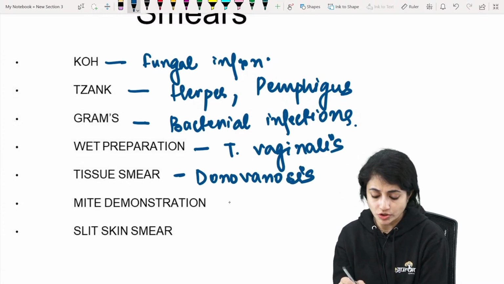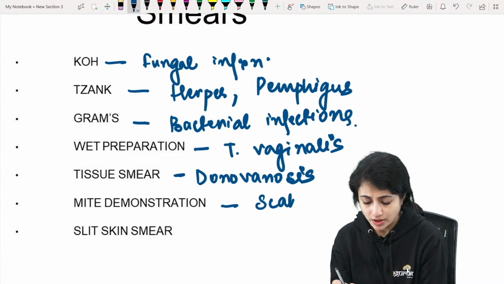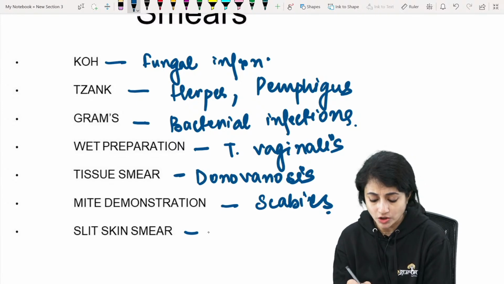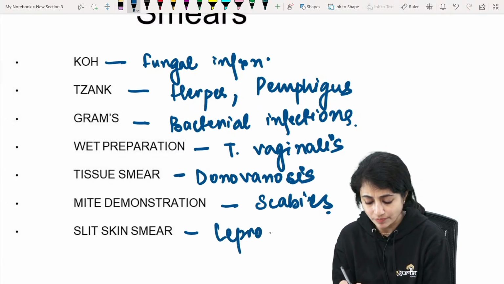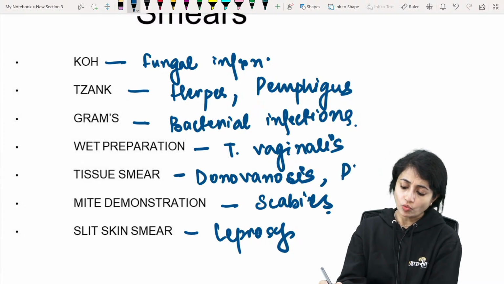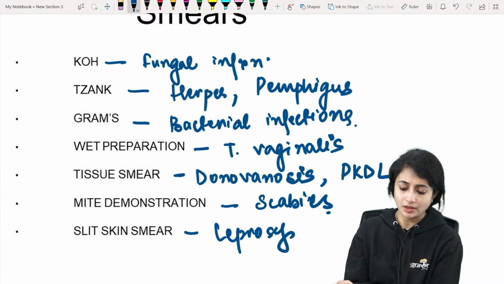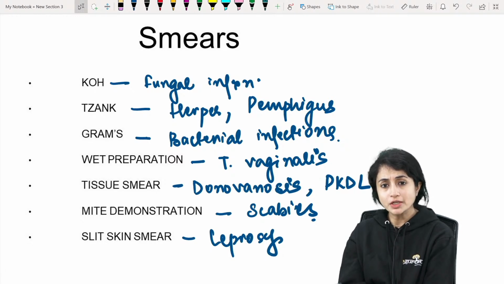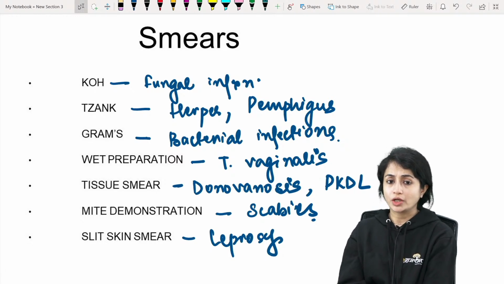Then mite demonstration, which I use for scabies, and slit skin smear, which I use for leprosy. Tissue smear I also use for PKDL. So, these are different indications for different smears that I use in dermatology. So, tinea faciei is a fungal infection of the face. I do a KOH for that.